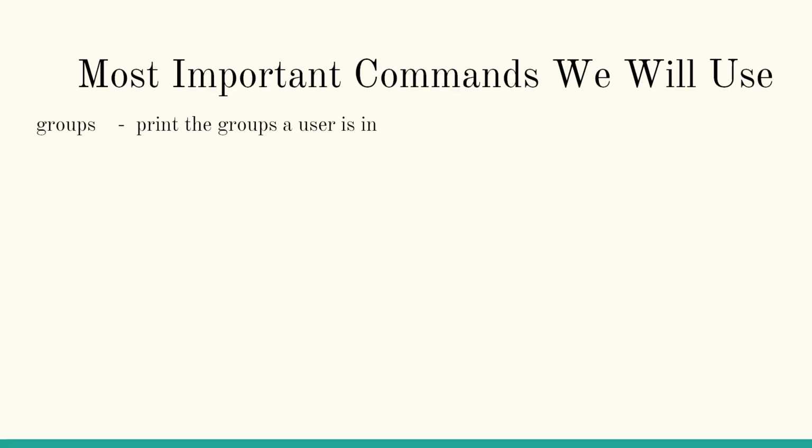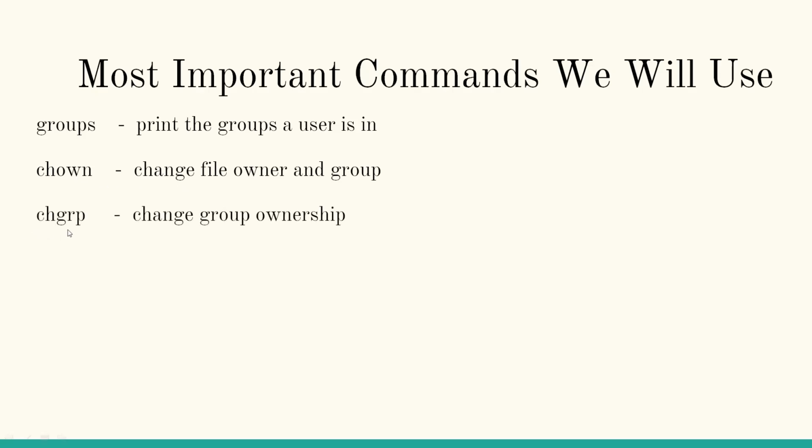For example, groups John will show John's groups. chown is to change the owner of the file and the group as well. chgrp is to change group ownership. This is to change the group owner. And these commands are very important actually. Again, we will have these in details in the next lecture, the hands-on lecture.